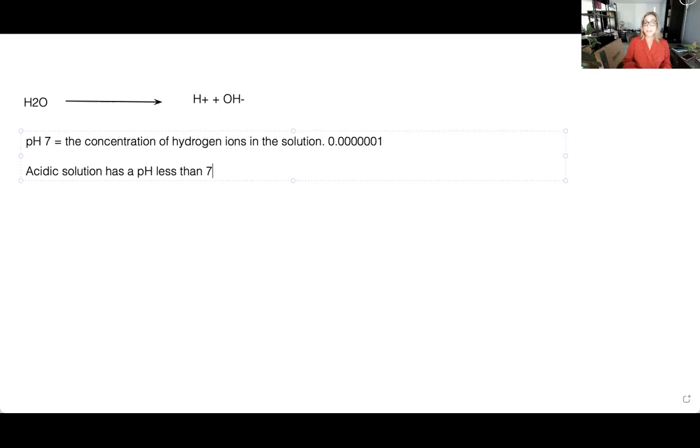Acidic solutions have a higher concentration of hydrogen ions. Your quiz questions will not go into this much detail, but this is the background that you need to understand pH.